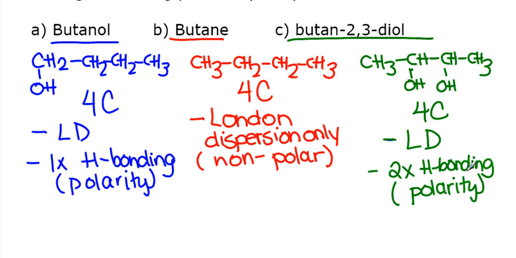So, butane has no dipoles at all. It only has London dispersion. This one has one strong dipole area with hydrogen bonding around the hydroxyl group. But butane 2,3-diol has two. Because there's two places for hydrogen bonding to occur, it has more dipoles. And with more dipoles, it's going to be more polar. And the more polar means you have higher melting and boiling point.